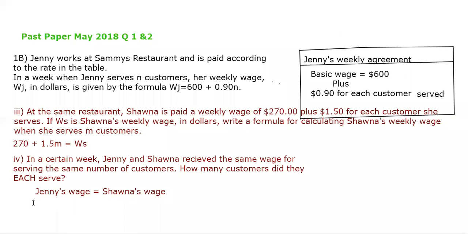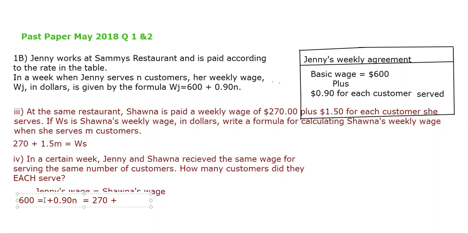So over here, you have Jenny's wage. What is Jenny's wage? Jenny's wage is $600 plus the 90 cents n. Good? That's what we established, right? So let's equate it now to Shauna's wage, which is 270 plus, oh Lord, I put equal right here. Let me deal with that.